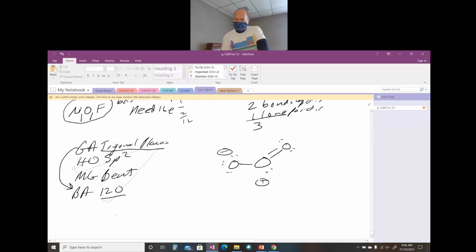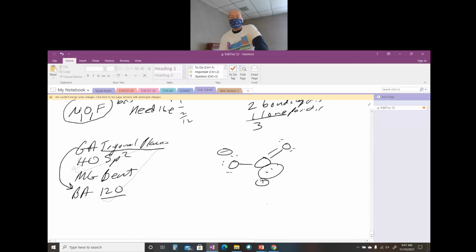All right. And then polar or non-polar. Anytime your central atom has 1 electron pair, you have a polar molecule. Here is where you would have to say, well, there's no electronegativity difference, and you are right.